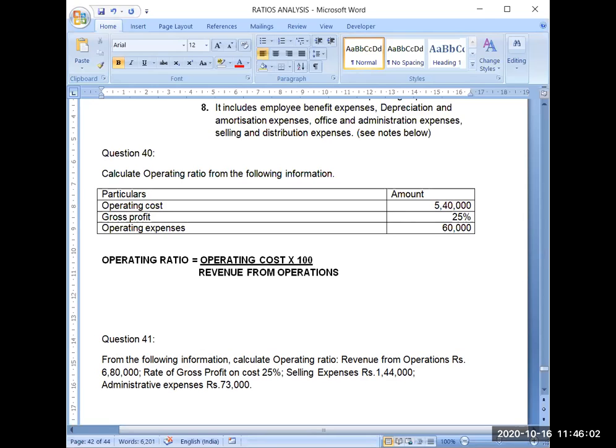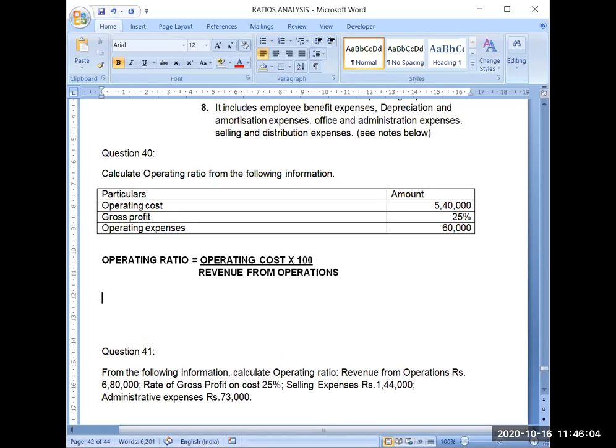Now I will calculate first cost of revenue from operation. I will use the formula of operating cost. Operating cost is equal to cost of revenue from operation.